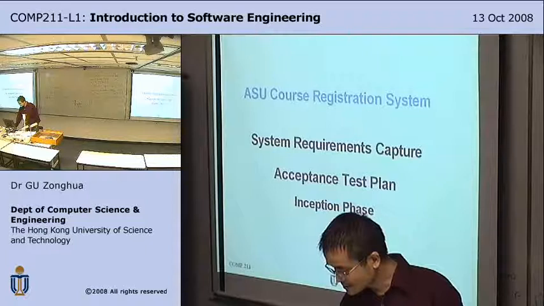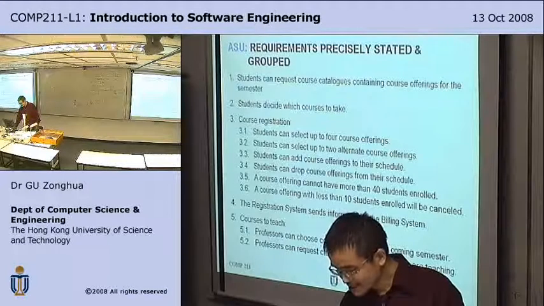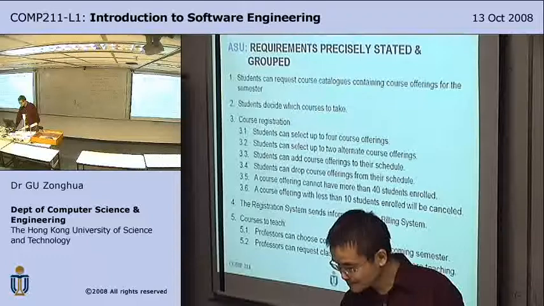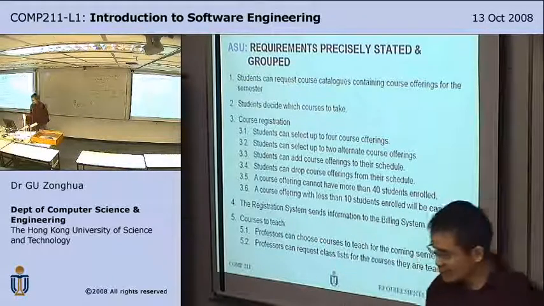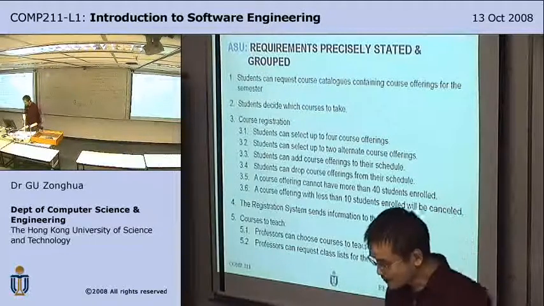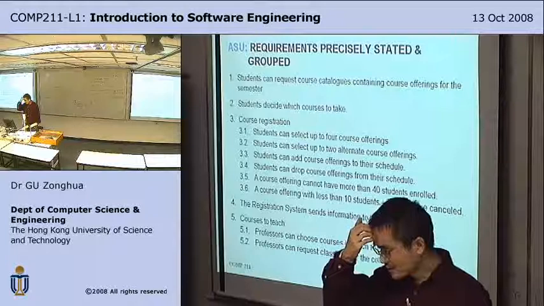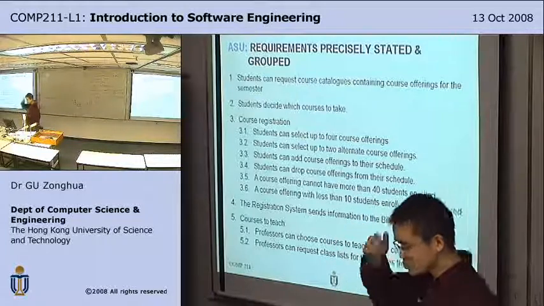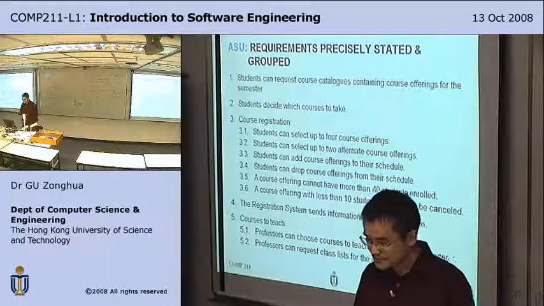Here are the requirements, essentially the flow of events for the student registers for courses use case. First, you state it precisely: 1, 2, 3, 4, 5.